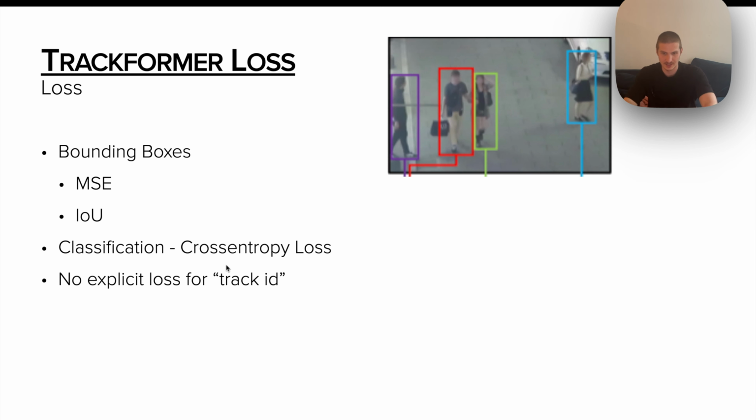So thanks to the fact that this object query here got matched to this person, even if the prediction is way off, since it does not participate in the Hungarian matching loss, the loss will basically drive this bounding box into the correct position always, instead of trying to match it with a different object, for example. So thanks to the fact that we've already directly connected them during the tracking stage, we already solve for track ID persistence, and we can just use the normal DETR loss to train the model.